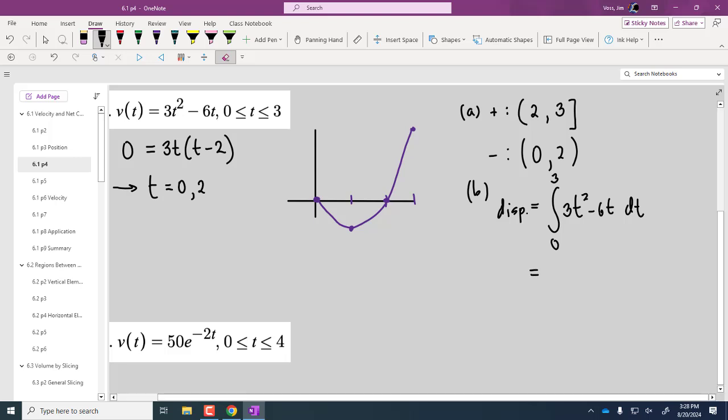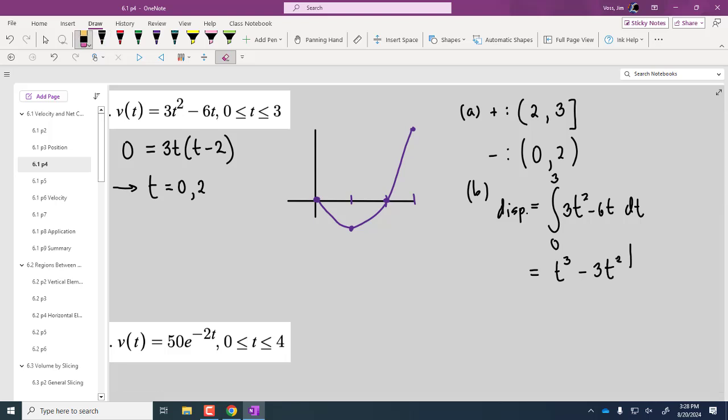So we'll do our standard Calc 1 thing, integrating a polynomial: add 1 to the exponent, divide by the new exponent. So the integral of this first term, add 1, get a 3, divide by 3, 3 divides 3. So we're going to get t cubed. Here, power is 1, add 1, get a 2, divide by 2, we get 3. Everybody okay with that antiderivative process?